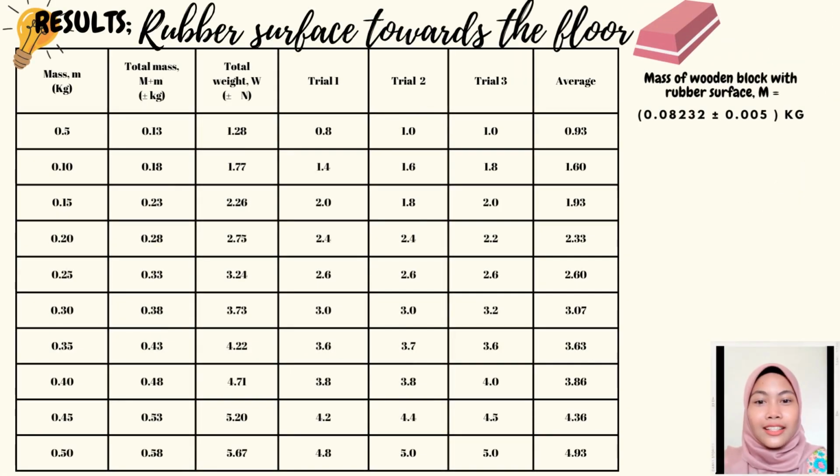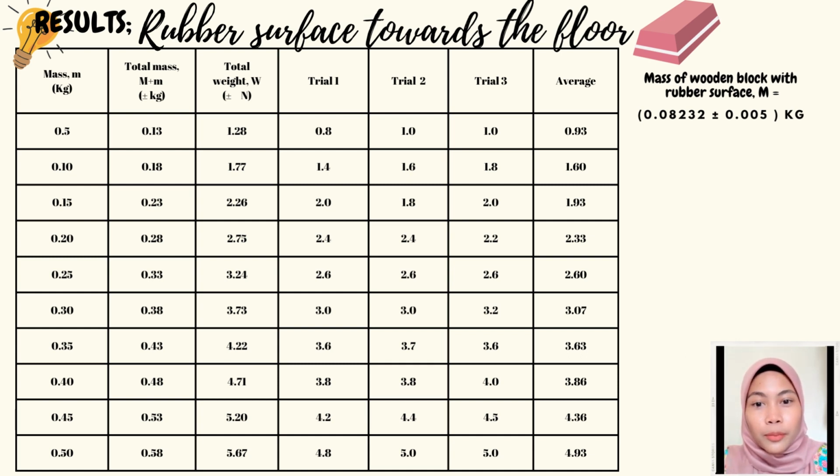Hi, I'm Hannah. I will show you guys the result for experiment 5. The first result is for the rubber surface towards the floor. As you can see, we are using a wooden block with mass 0.08232 kg, and for all the units, we are using kilograms.